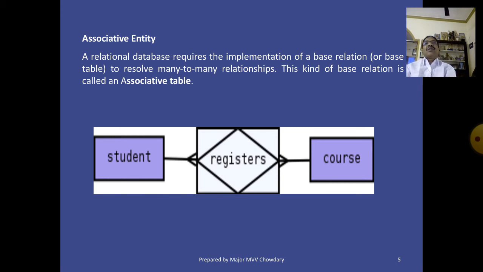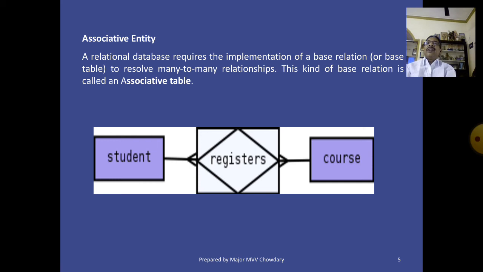Composite entities are the entities which exist as a relationship as well as an entity.